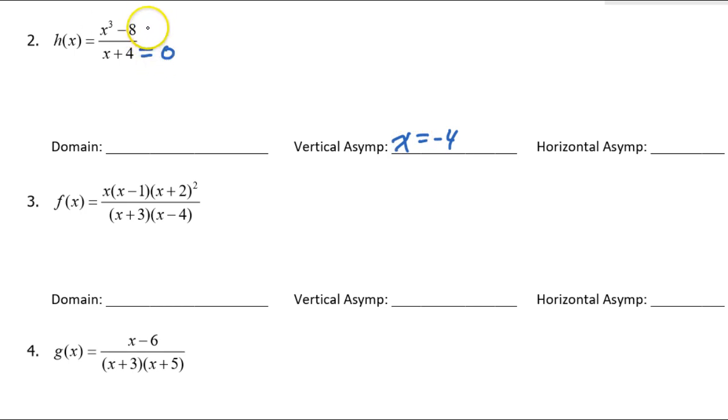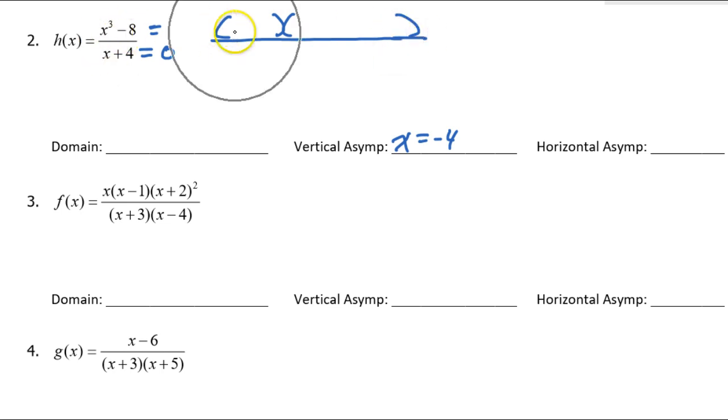Now, this numerator is factorable, so I feel like I should do that just in case it will cancel out with the x plus 4. This is the difference of two cubes. So if I were to factor this, the difference of two cubes factors as a binomial and a trinomial. So the binomial will be x minus 2.